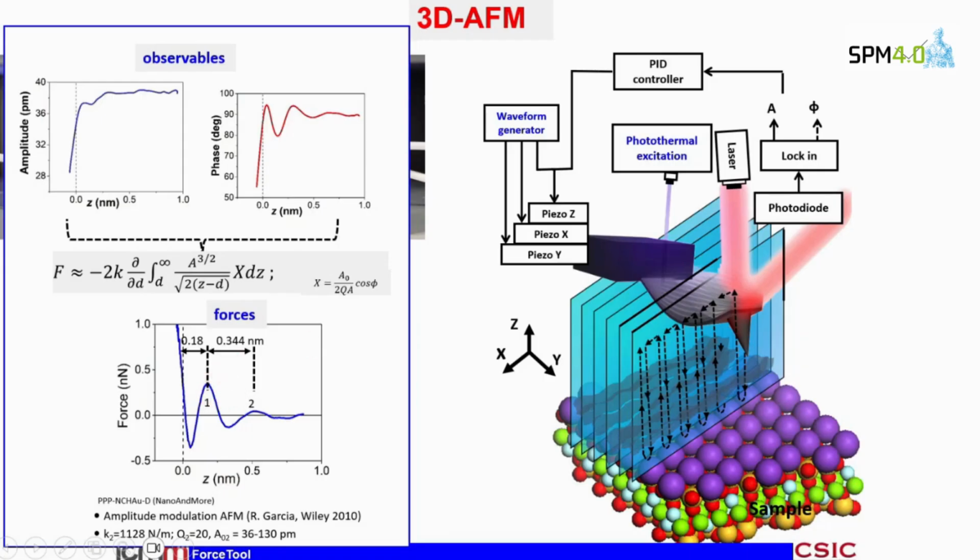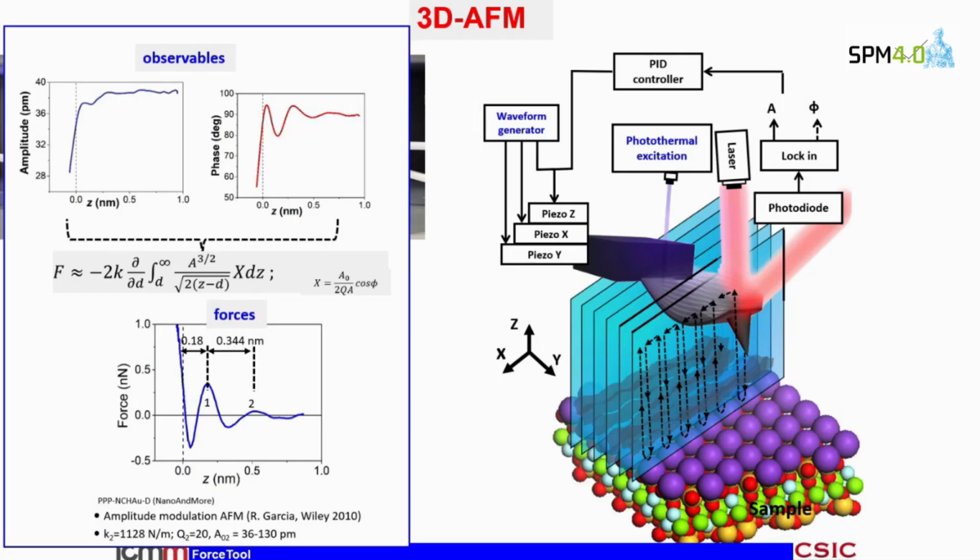But what is key to get molecular resolution in a liquid? Let's say the overall diameter of a water molecule is 3 angstroms. In order to see a water molecule, you need the oscillation of the tip to be 1 or 2 orders of magnitude smaller than the size of the molecule you want to see.